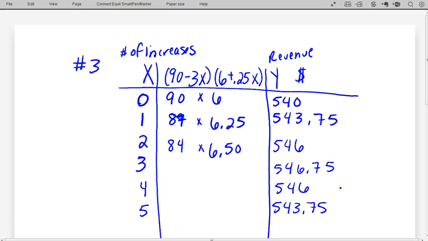Okay, so that would be our factored form of the equation. If you put it into the calculator and do the regression, it will give you the standard form of that equation. Either one should work.